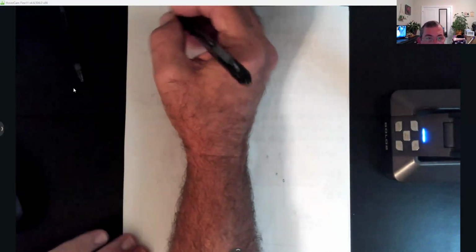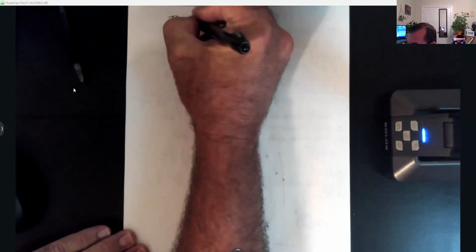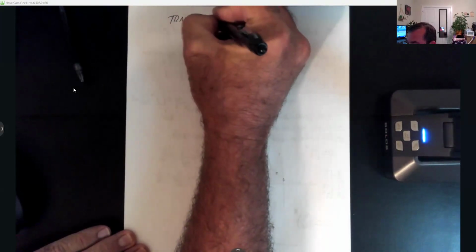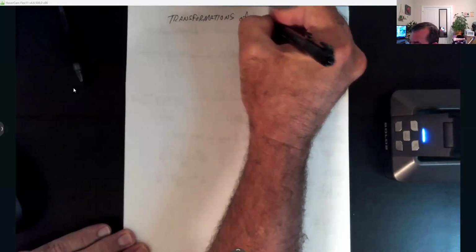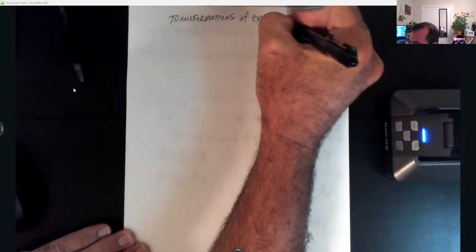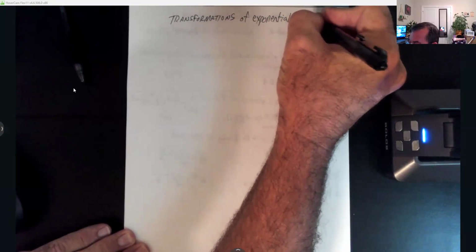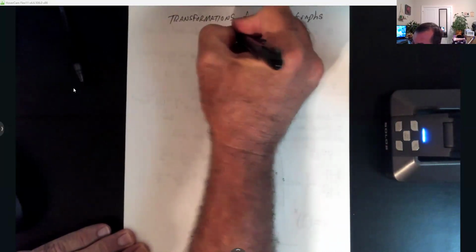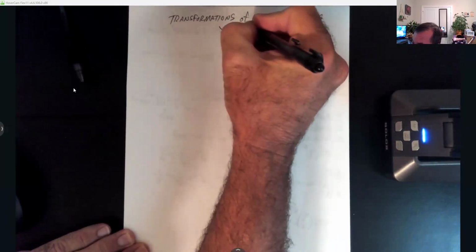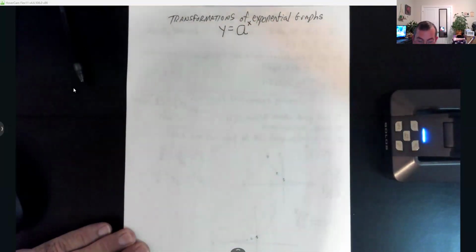So y'all, now we're going to do the transformations to these exponential graphs. So transformations of exponential graphs. And remember, those are going to look like y equals a to the x.